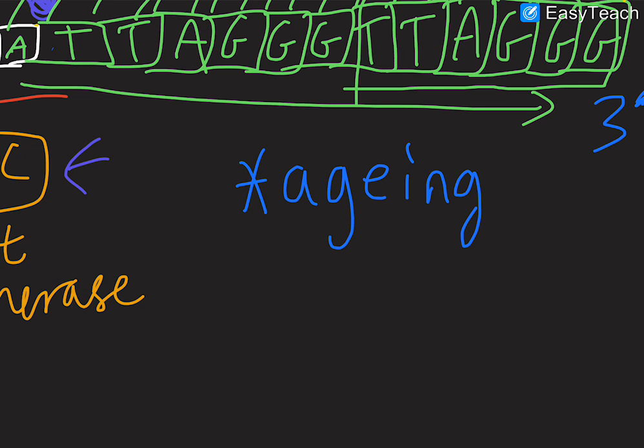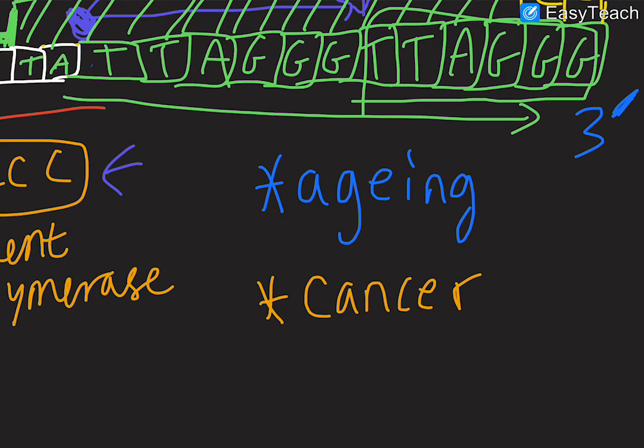So that's if we're talking about the fact that cells that replicate a lot need telomerase to function. So that means it would make sense to say that cancer cells can upregulate their telomerase. So you have a lot of telomerase activity in cancer cells.